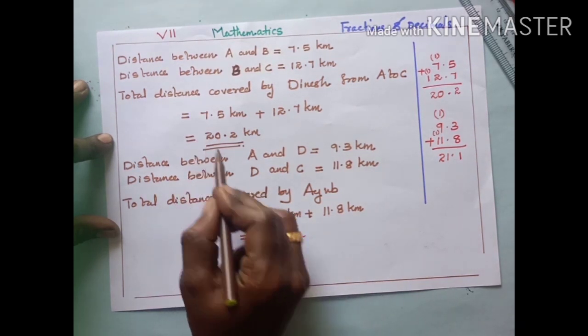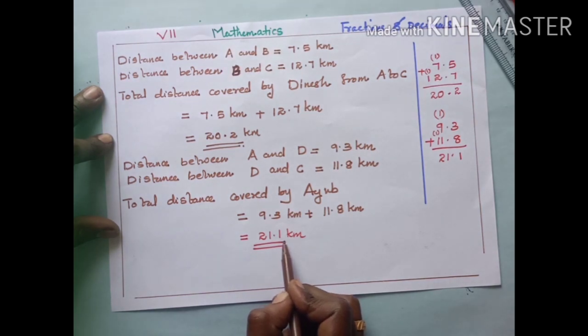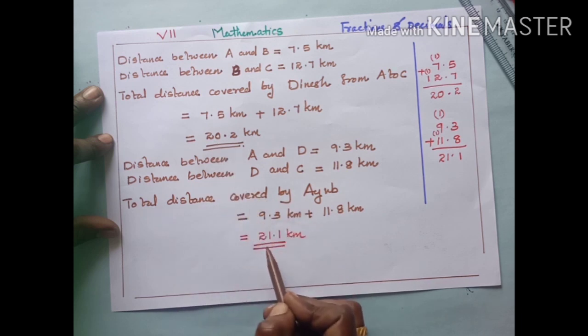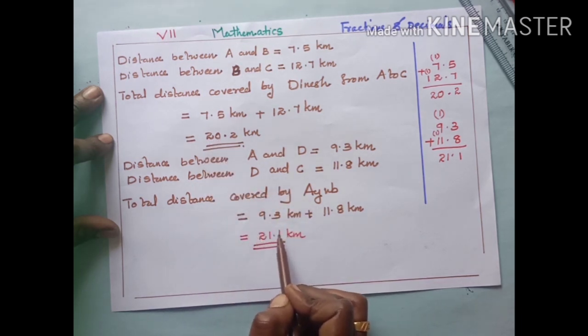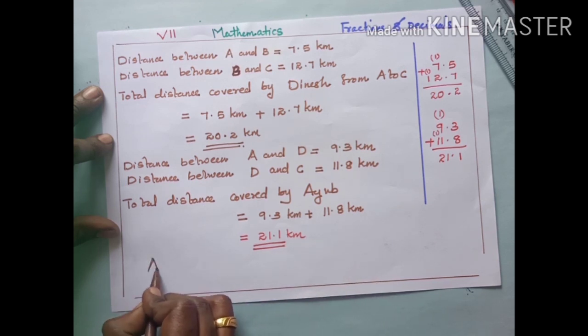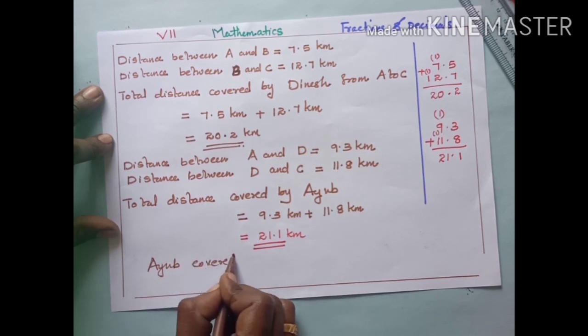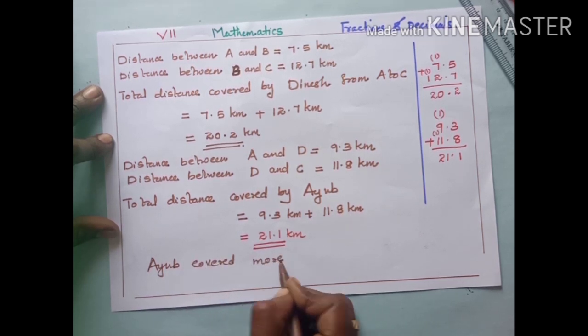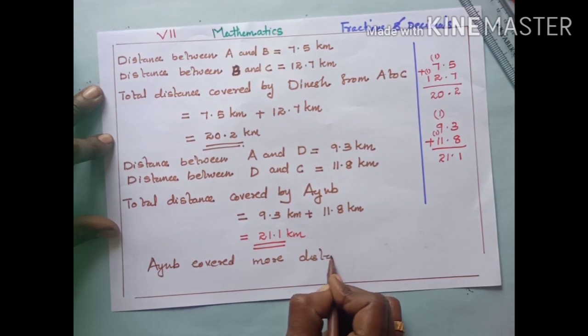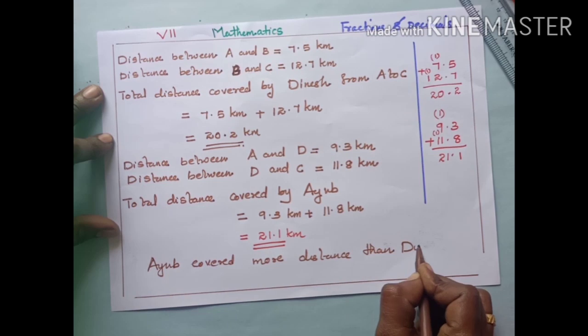So comparing the total distances 20.2 and 21.1. Comparing decimal numbers, compare the whole number part first. Here 20, 21. Which is greater? Yes, 21.1 is greater. That means Ayub covered more distance than Dinesh.